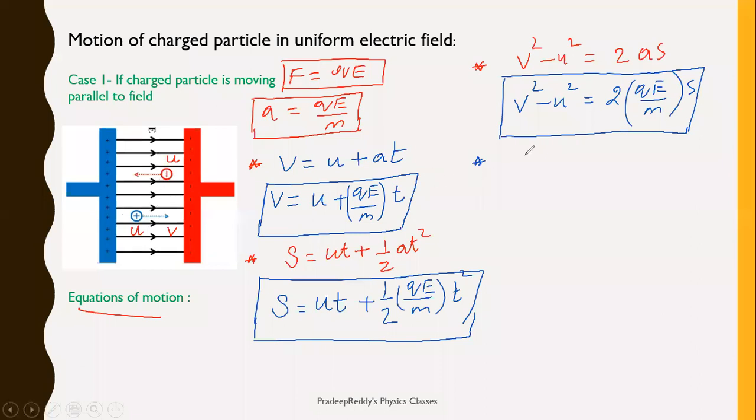And remember, in a uniform electric field, if the charged particle is placed parallel, then the charged particle will be accelerated in the same direction as that of the electric field. So here the field is horizontal, along the x-axis.